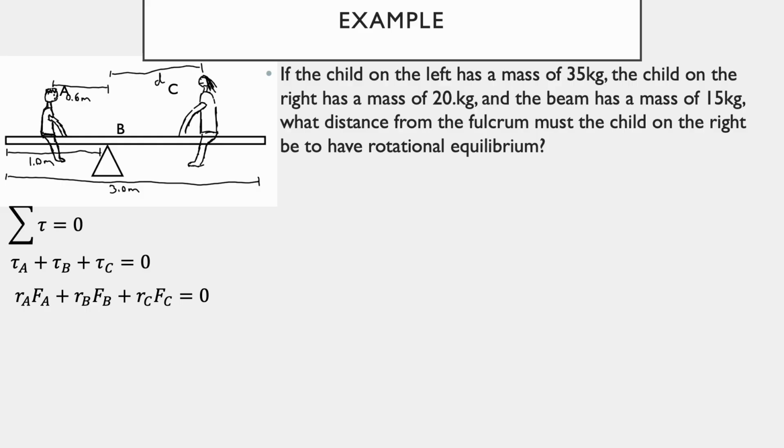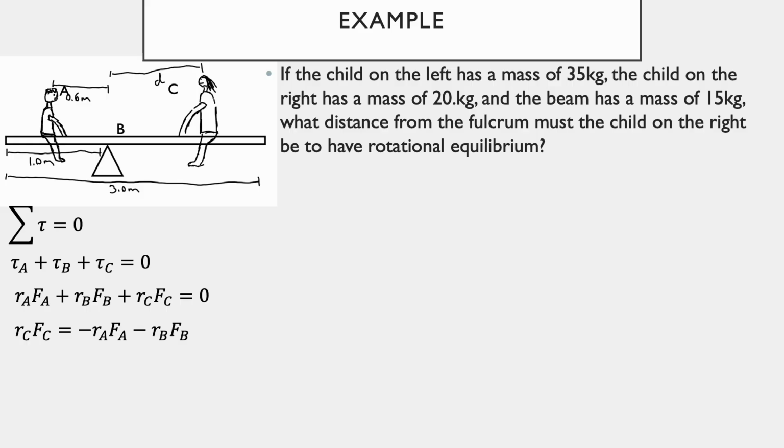Now we can fill in our torque equation for each of those. So RA FA plus RB FB plus RC FC. Now we want to get RC on its own. So I would move RA FA and RB FB over by subtracting them.